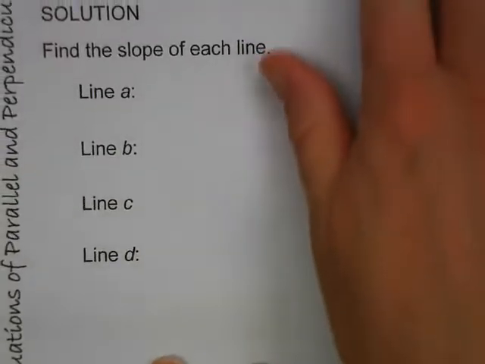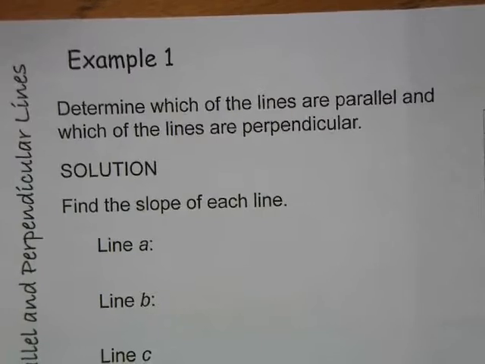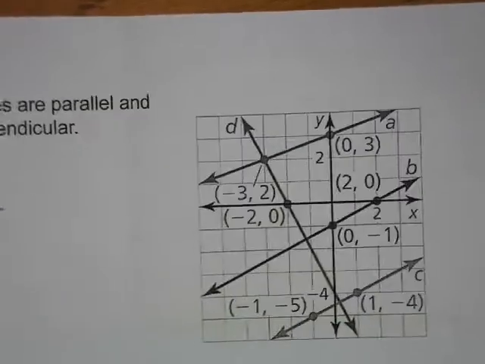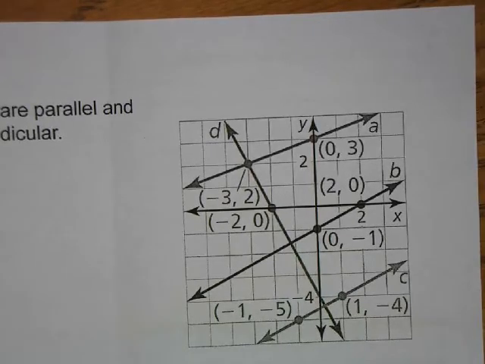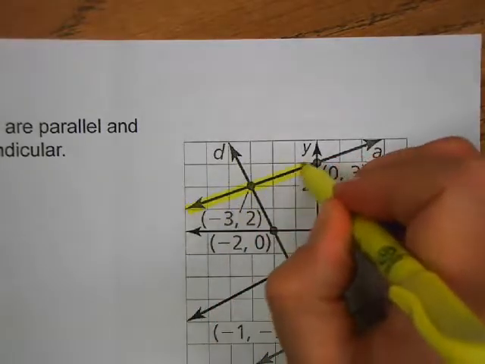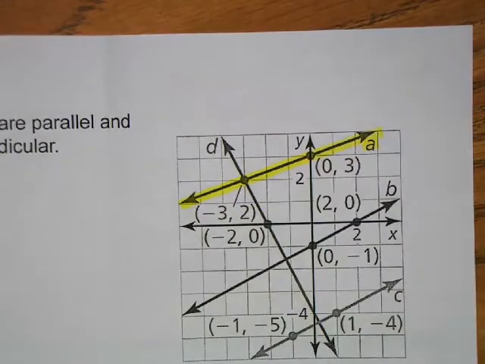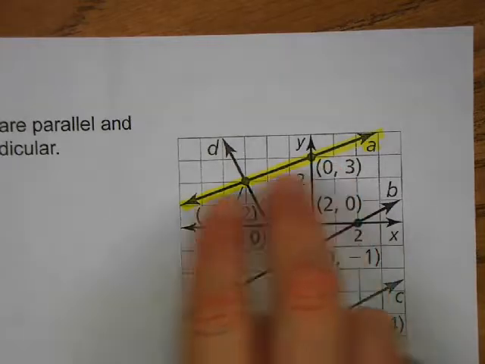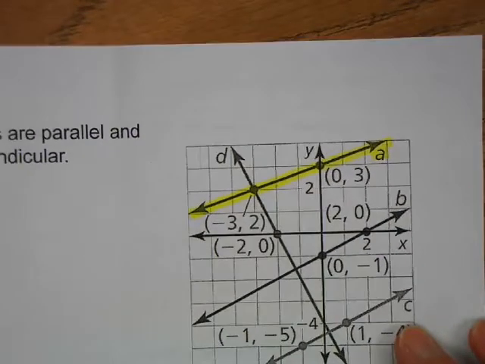Taking a look at Example 1, we're going to determine which lines are parallel and which lines are perpendicular. Here is your graph. It says find the slope of each line. Starting with line A, you're going to pick 2 points on the line, and you can calculate slope using the slope formula.